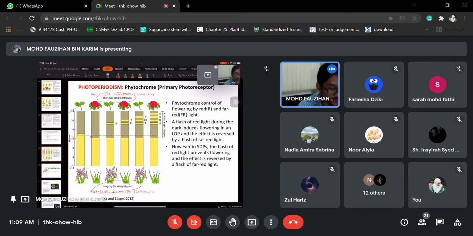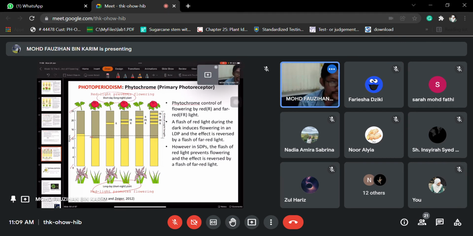R is red light, FR is far red light. Okay, red light will prevent the flowerings. Okay, red lights will prevent flowerings in the short day plants. Okay, far red light will induce ataupun trigger the flowerings in the short day plants.